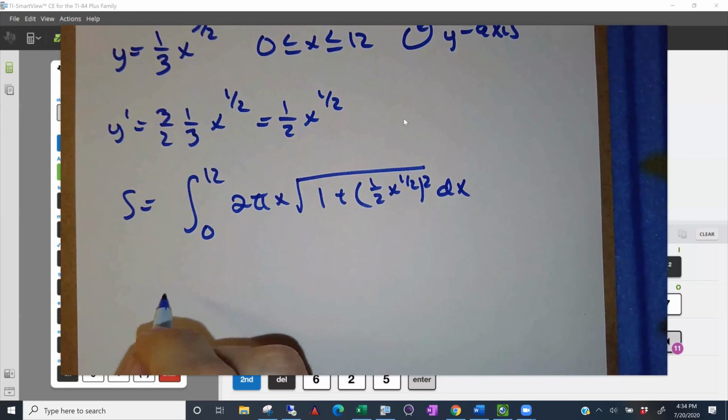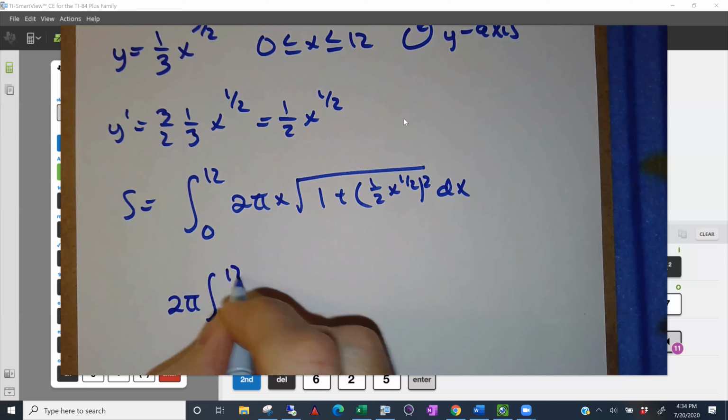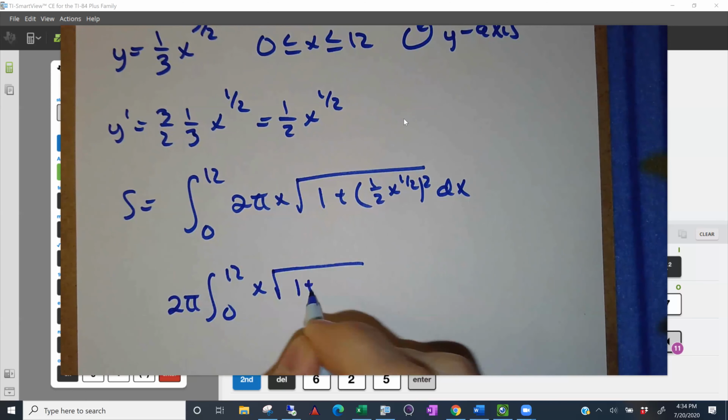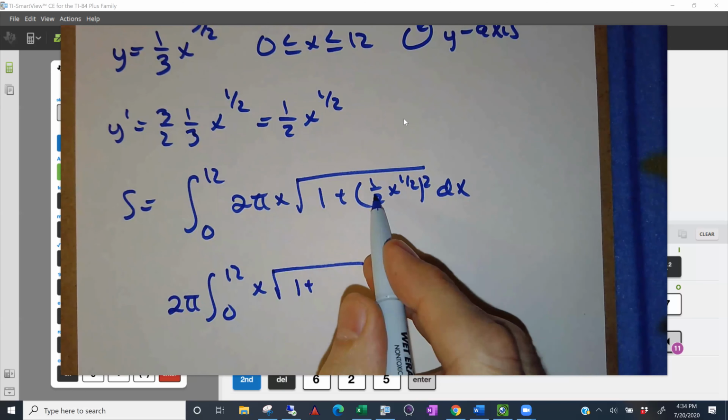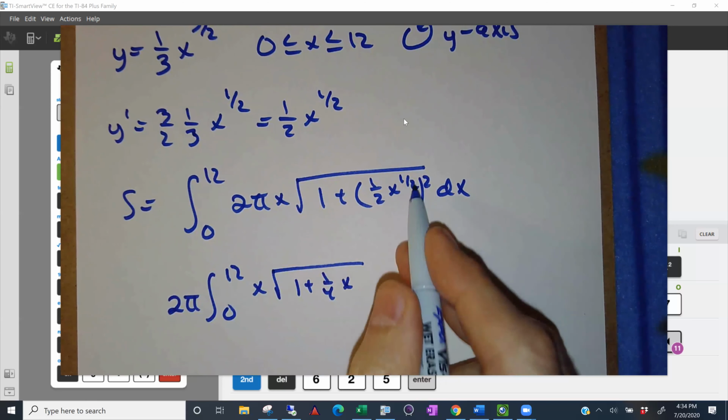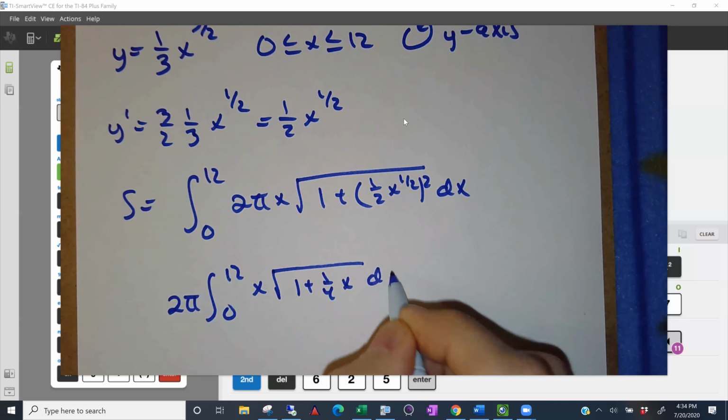The 2 pi can come out in front. 0 to 12, x square root of 1 plus 1/2 squared is 1/4. X to the 1/2 squared is just x, dx.